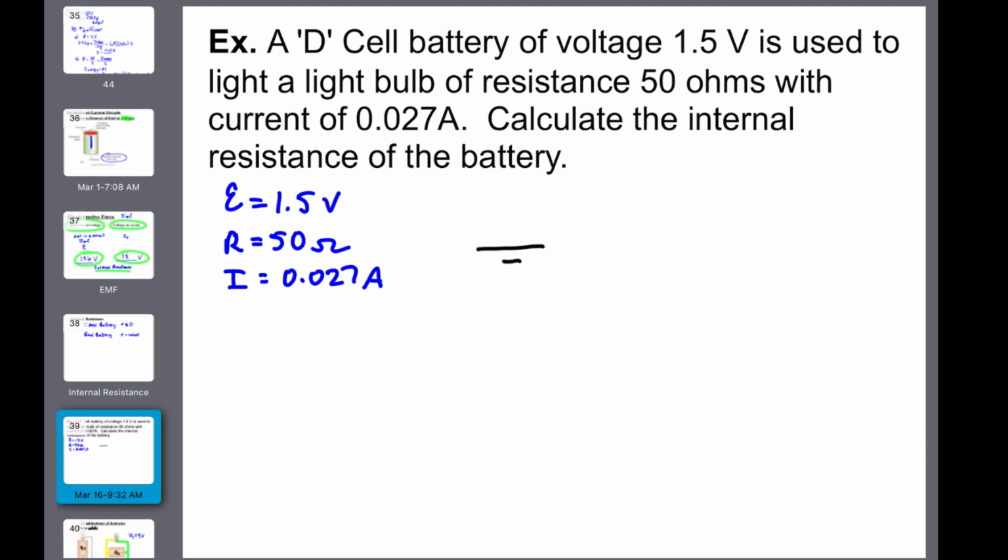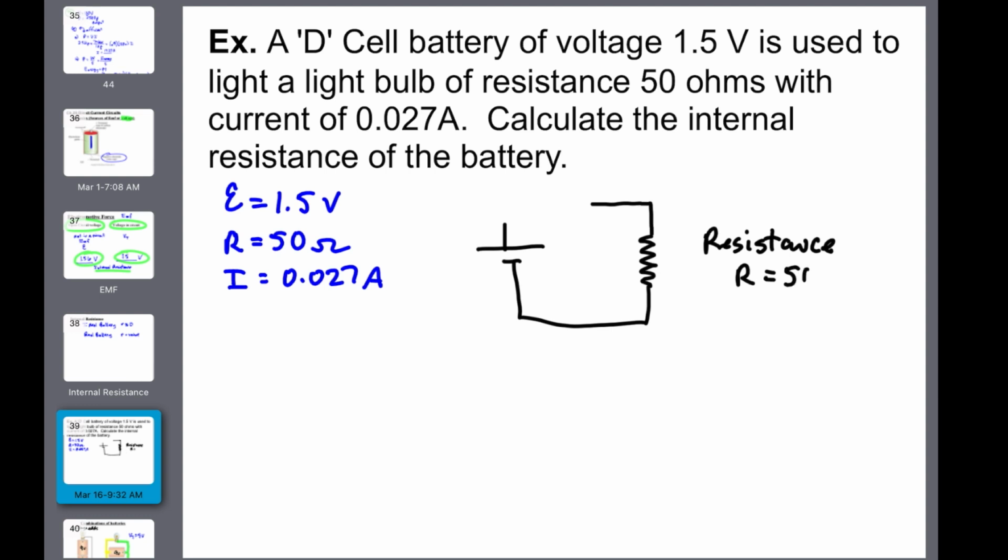We would have a battery. I'm going to leave a little bit of a space there. We would have a bulb, which would have a certain resistance. So this squiggly line is a symbol for a resistance. This resistance value would be 50 ohms, and this would be our bulb.